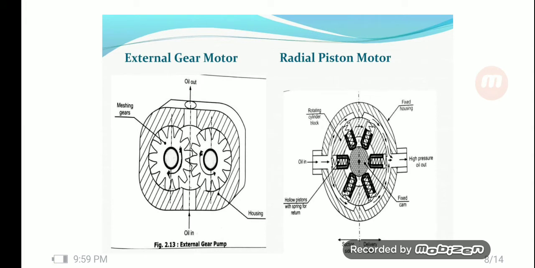The next type is the external gear motor. The casing contains two external gears which have teeth on their circumference. One gear is the driver gear and the other is the driven gear. The oil from the inlet is sucked from the tank due to rotation of these gears.